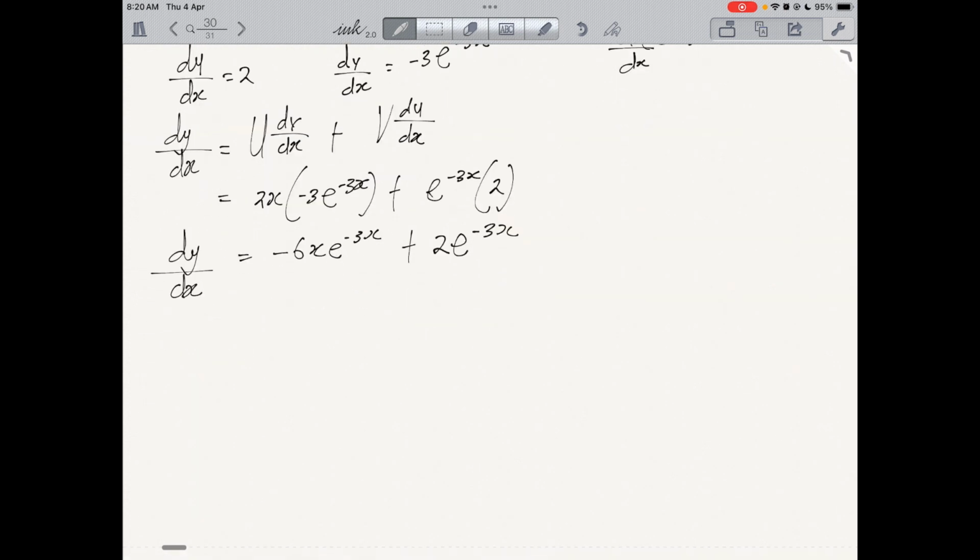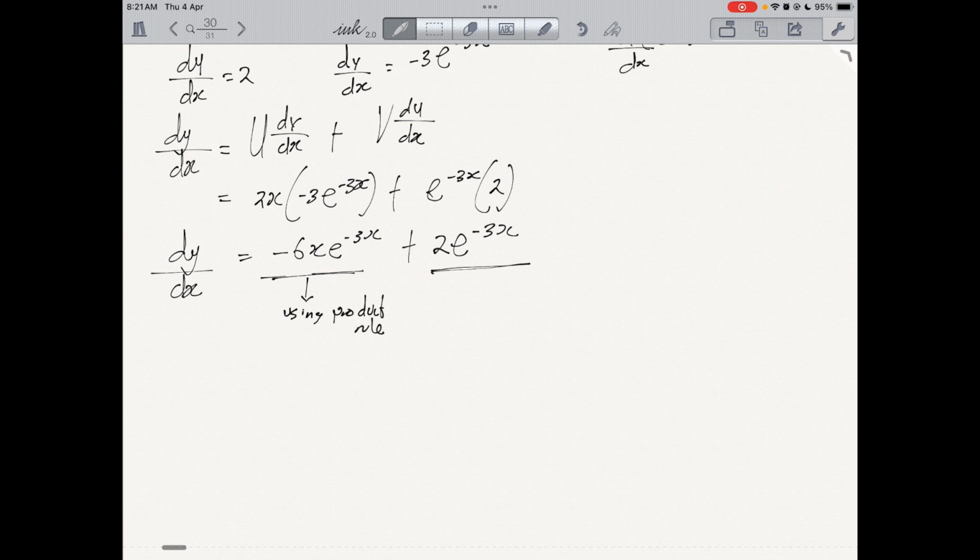Now we want to differentiate further to evaluate d square y dx squared. We can see that the second term can be differentiated normally, without any product rule or quotient rule. However, the first term must be differentiated using product rule.